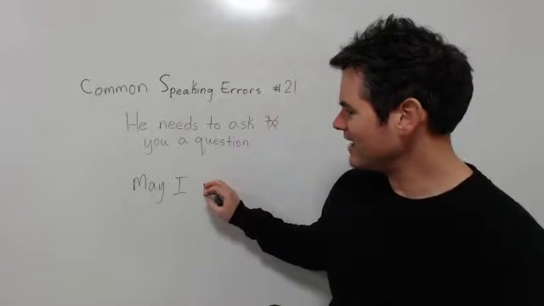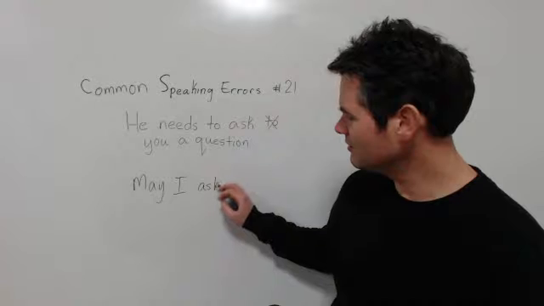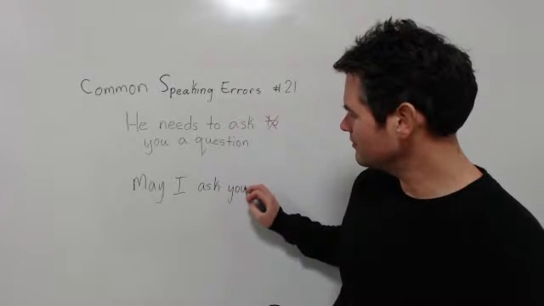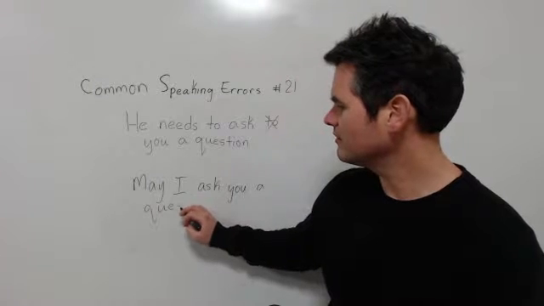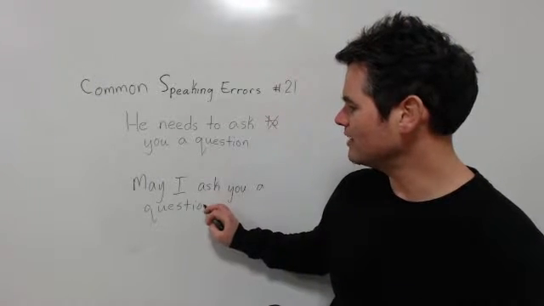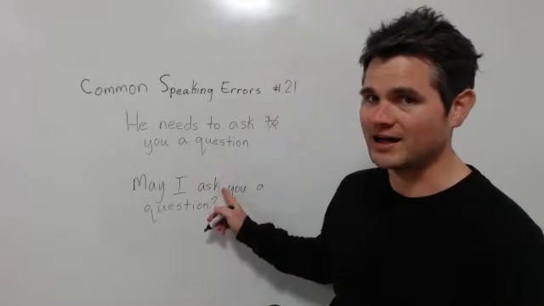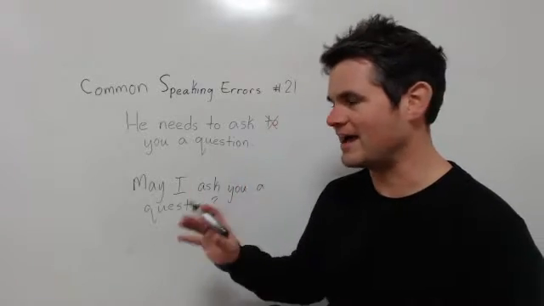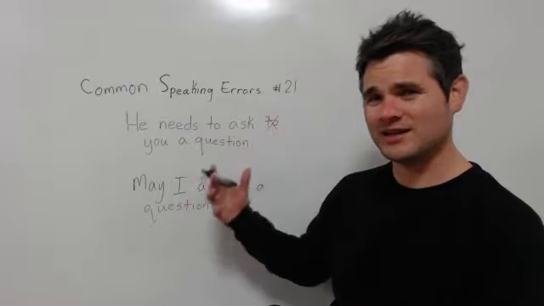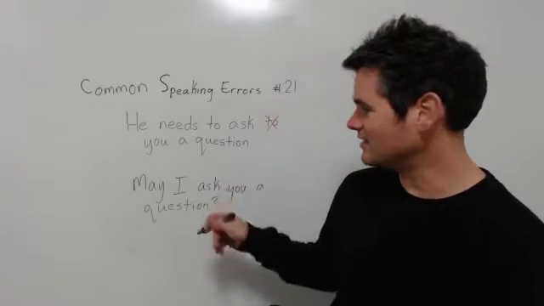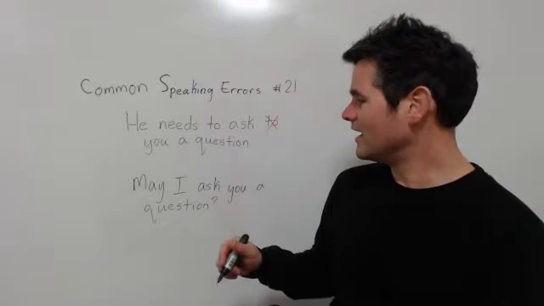So may I ask you a question? May I ask you a question? And you'll notice we're not using to after ask because, again, ask is a transitive verb and it takes an object. It does not need a preposition.